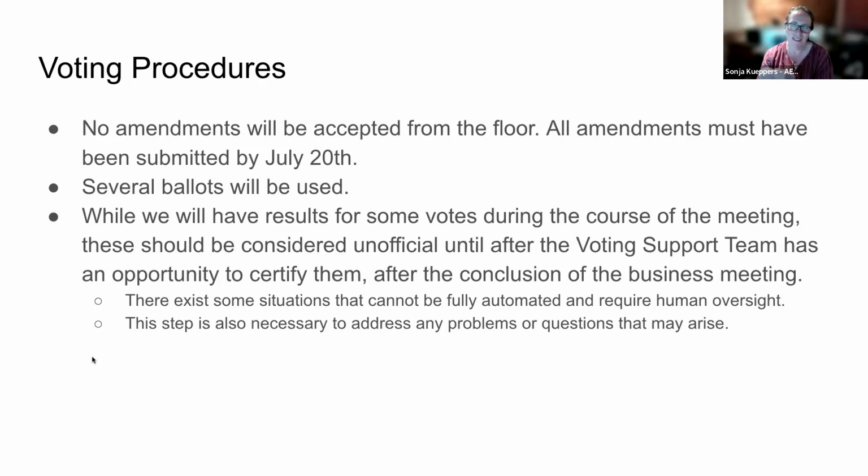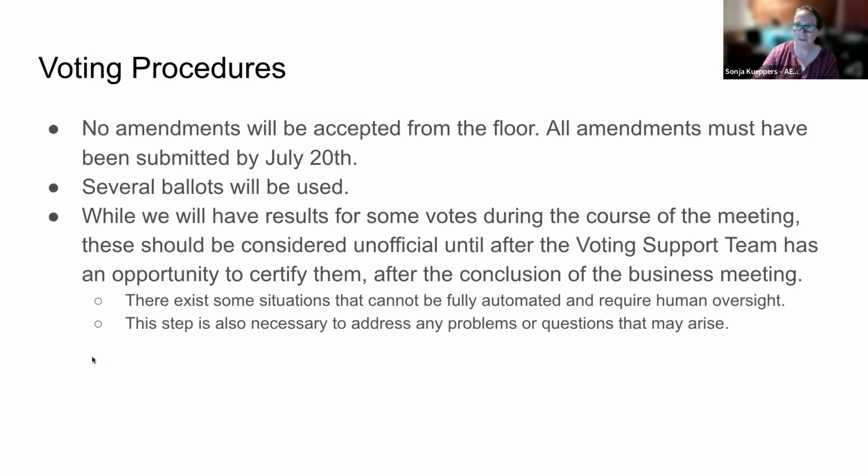This means that you'll need to be able to switch in between your Zoom screen and your email to find your ballots at the appropriate time. And so we'll be talking a little bit about that skill later during the course of this meeting. You know, I know this is going to be more complicated.